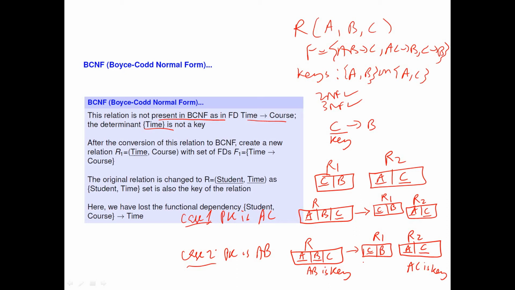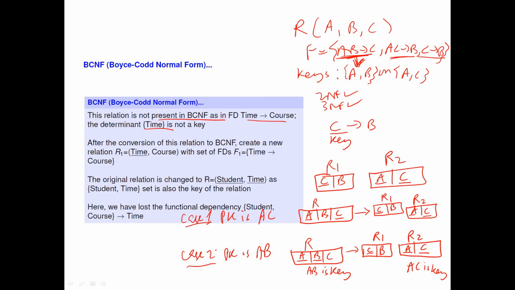And in this case, if I see the functional dependency AB to C, can I pretend that C to B is there? AC to B I can also get, but this AC to C, I cannot recover back, right?